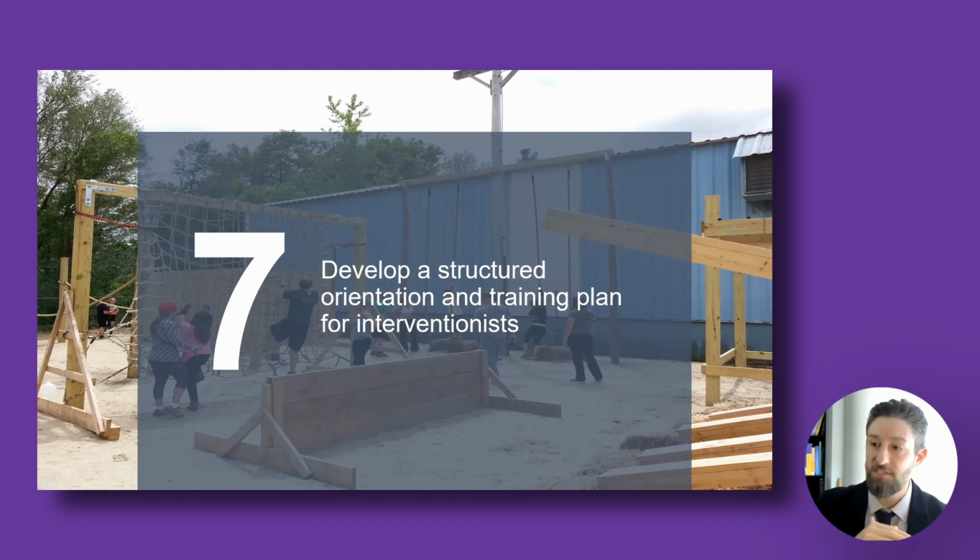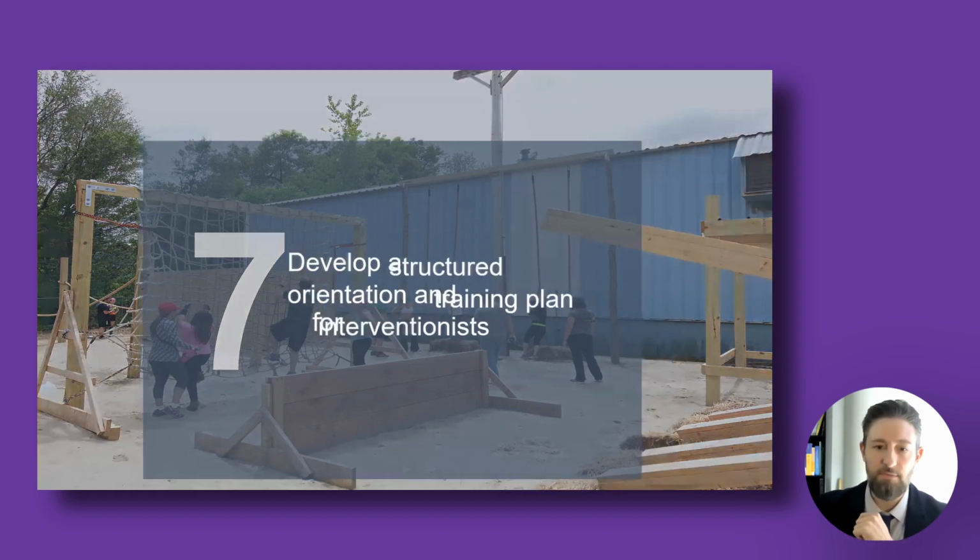However, if you have interventionists delivering multiple components, I think a very structured training plan is pretty requisite in order to make sure they understand what this trial is trying to do and the rationale for there being so many different versions of the same thing.